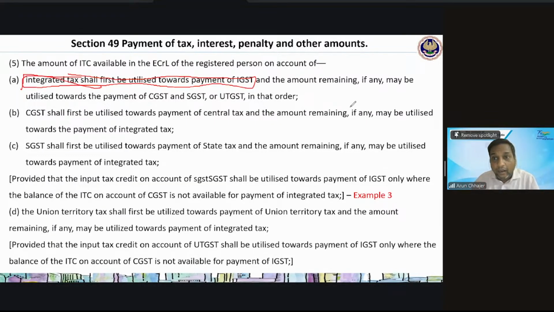And toward the payment of C and then S in that order, whether rule 88A has also added this order. Just wait for a minute.